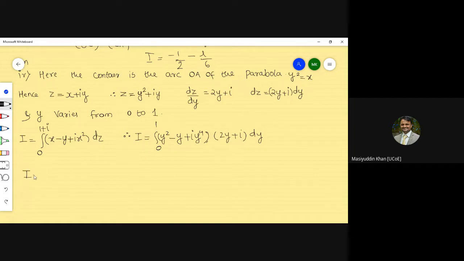So I is equal to integral 0 to 1, it will become 2y cube minus 2y square plus 2y raised to power 5 into i plus iy square minus iy minus y raised to power 4 into dy.